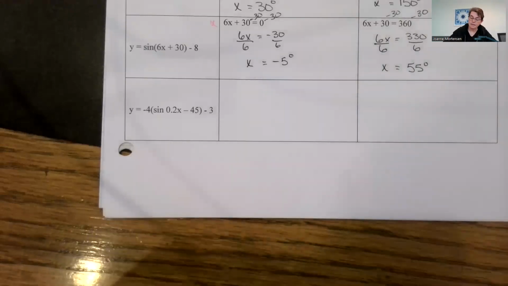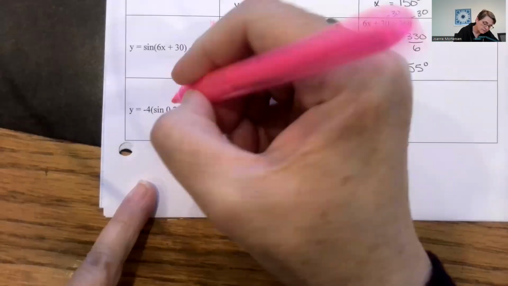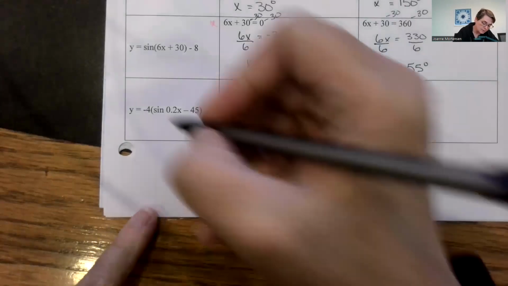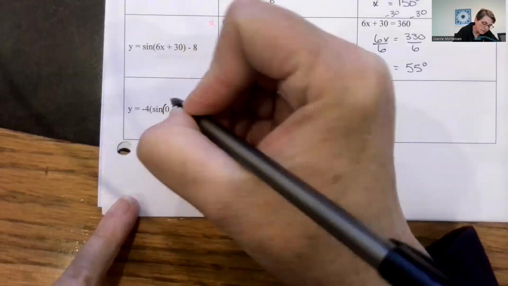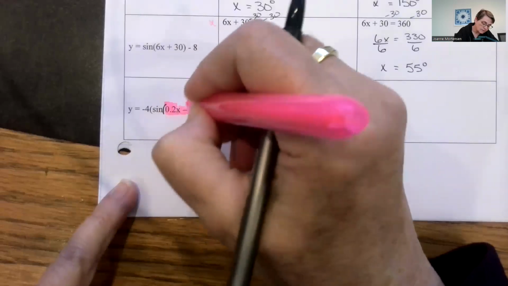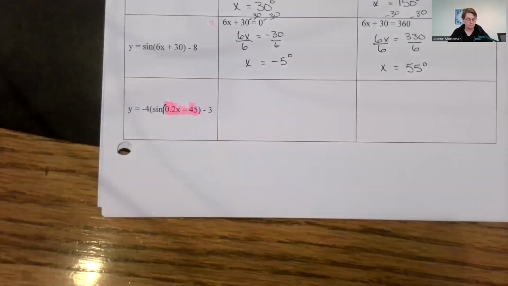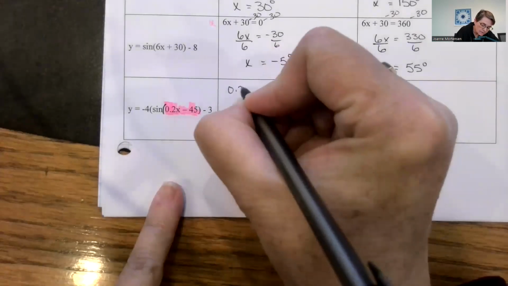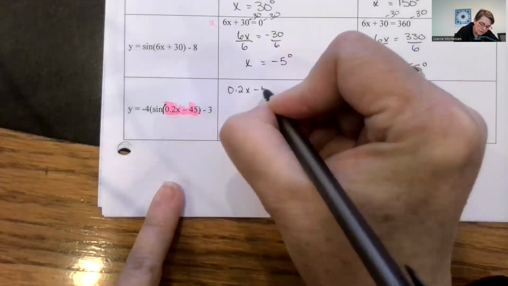So I'm going to take whatever's in my brackets. By the way, that bracket's in the wrong spot. There's another mistake. It should go there, not up there. This is the part I want. 0.2x minus 45.